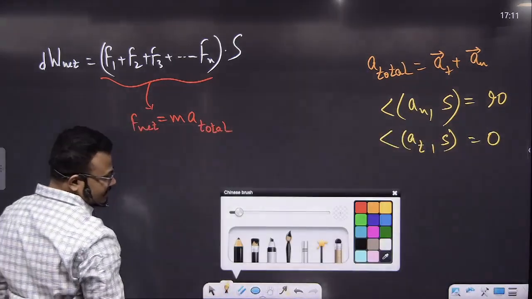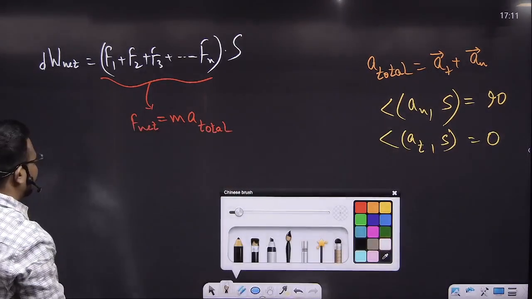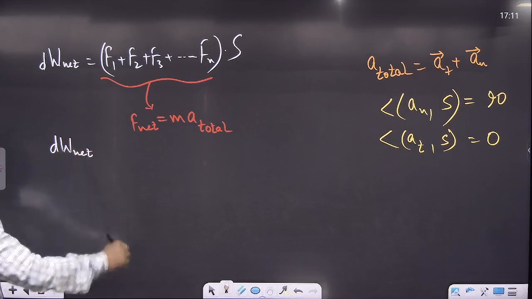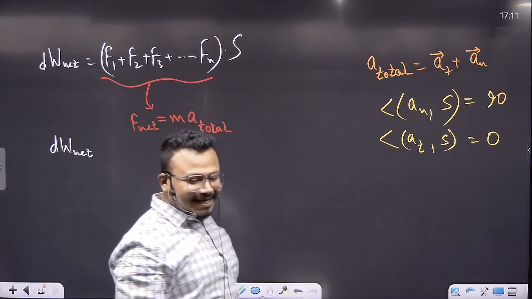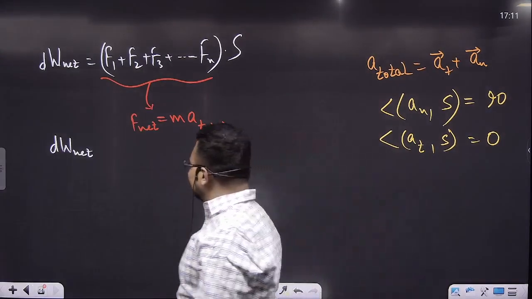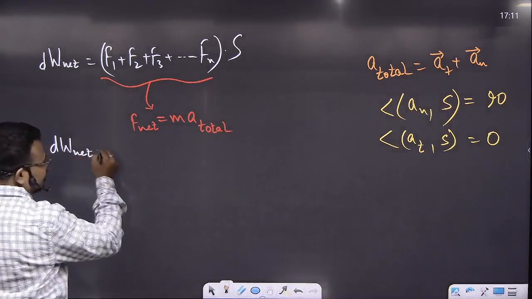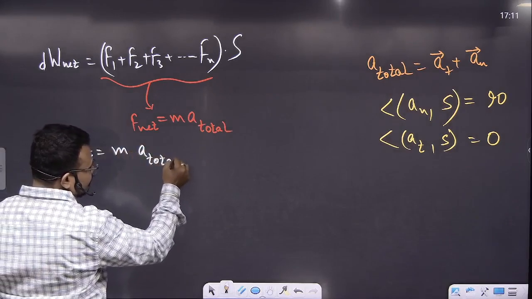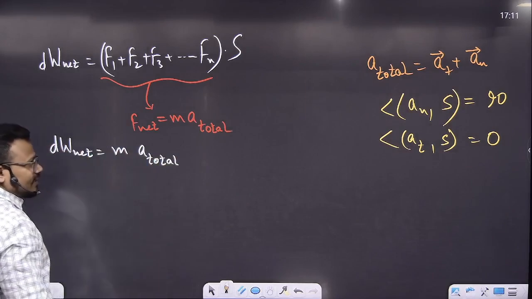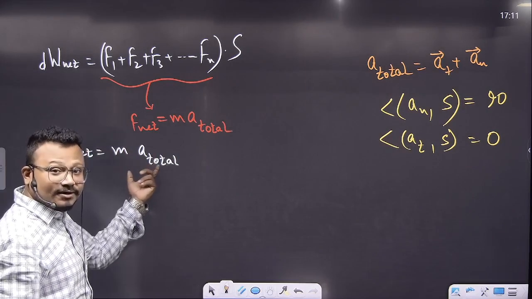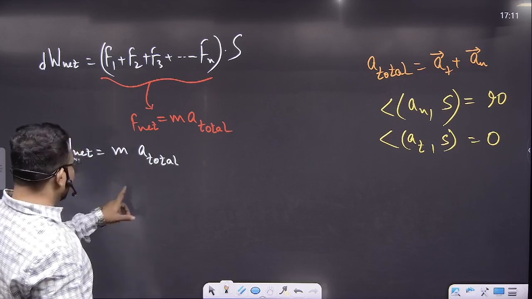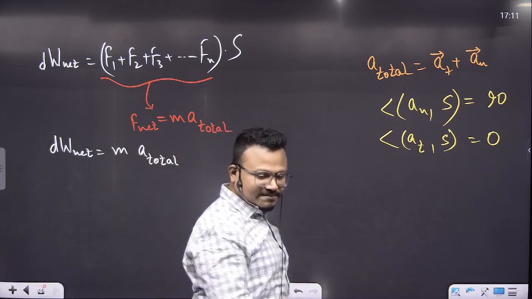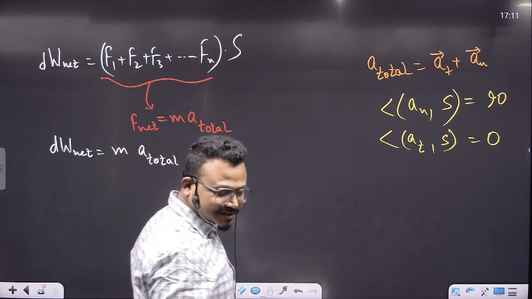So now what is the work done here? D net work, we can write M into A total. This is saying about the force, F into ds. So ds we have taken as the small displacement taking place here, right?